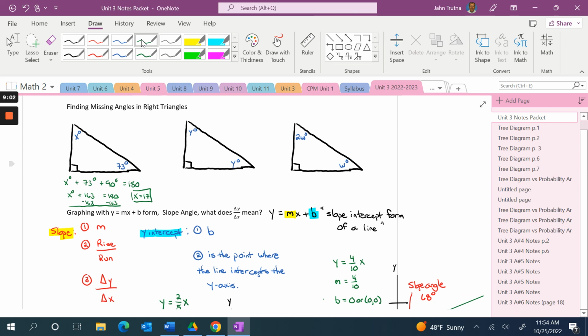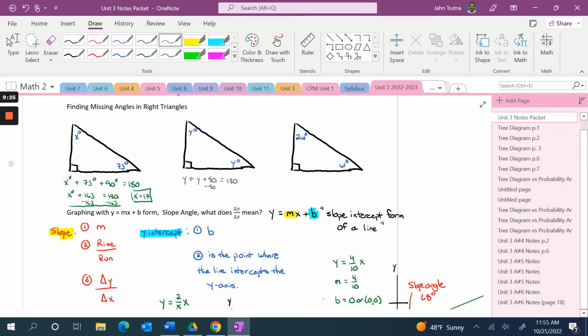In the second equation, we're going to do the same exact idea. We know the 3 angles add up to 180 degrees. So we have the y angle plus the other y angle plus the 90-degree angle, and those 3 angles add up to 180. That's always the case with triangles. Then I'm going to solve this equation.